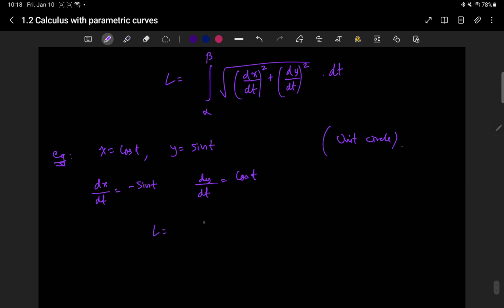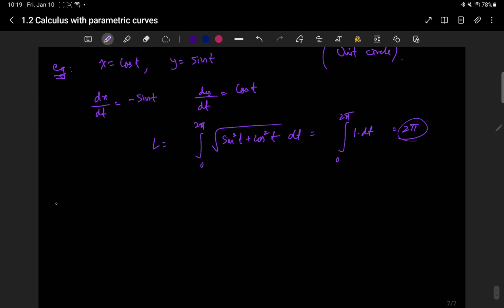So the arc length going from 0 to 2 pi becomes the integral of the square root of sine squared plus cosine squared, which is just 1. So it comes out to be 2 pi, which we know is the circumference of a unit circle. Right, so it works out fine.